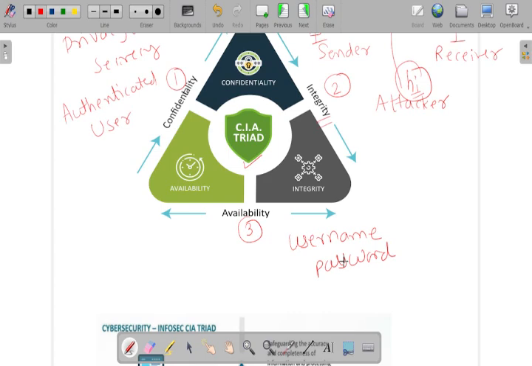If the user is valid, then data access will be provided to that party. An unauthorized party cannot access your confidential information. That is called availability, and the data will be available to the authenticated user. So these are the three security goals: confidentiality, integrity, and availability.